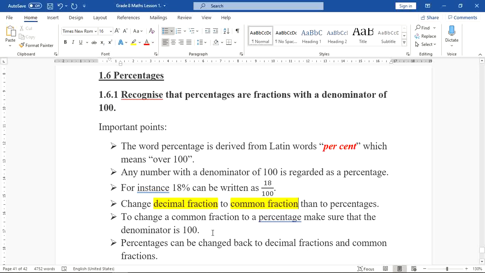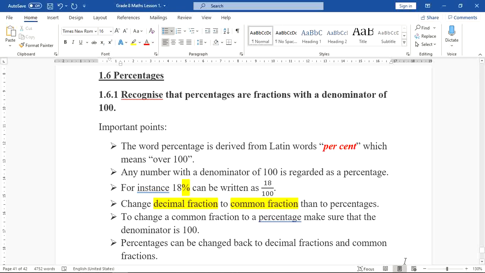So to change a common fraction to a percentage, make sure that the denominator is 100. Once the denominator is 100, then you can just add the percentage sign. Like here we have 18 over 100, so we can just write it as 18 with this sign. This is the sign of the percentage.